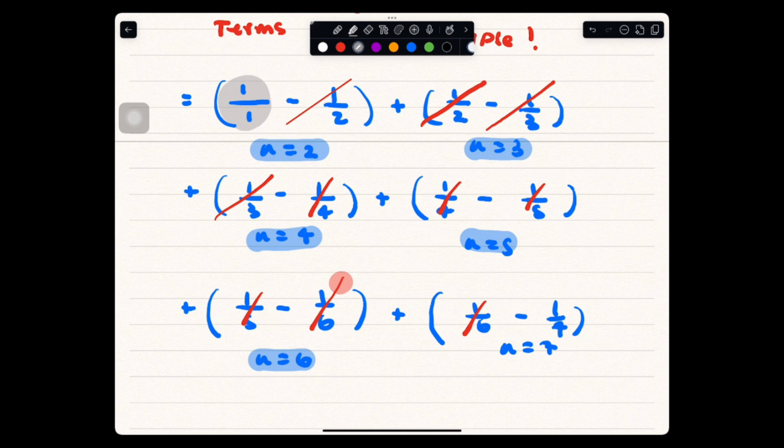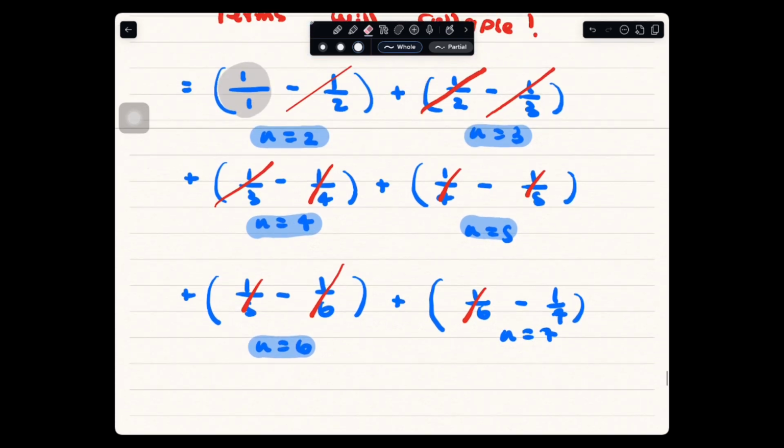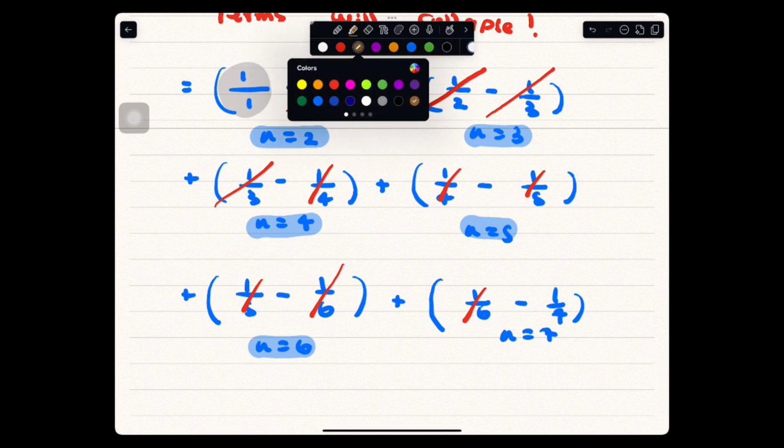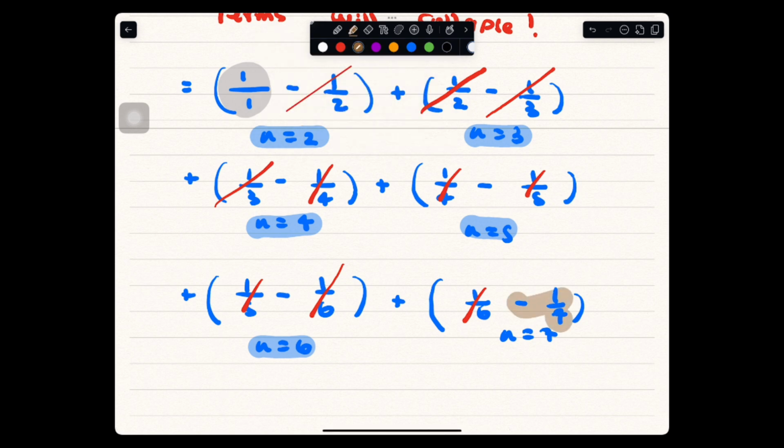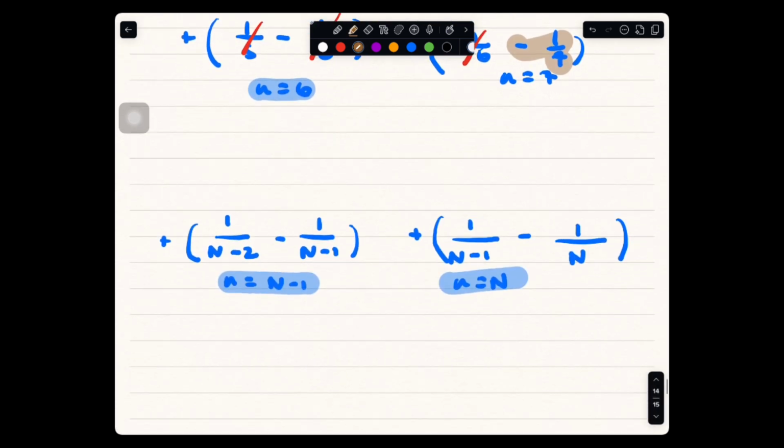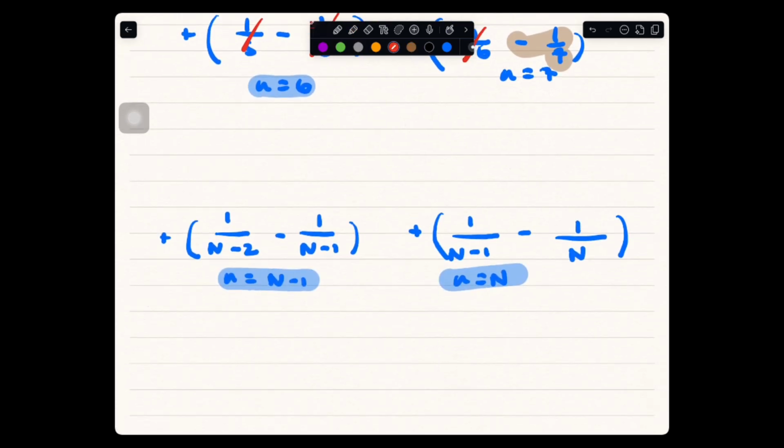Well, nothing gets rid of that number 1, but what do you see really happening? All the other terms are going away. Notice this, with the exception of what happens at the end here. See that 1/7? So what I'm going to remark to you guys is these terms go away with the exception of the last term.